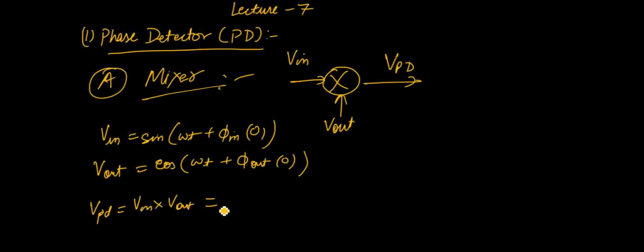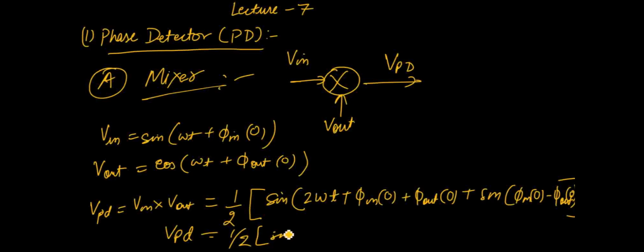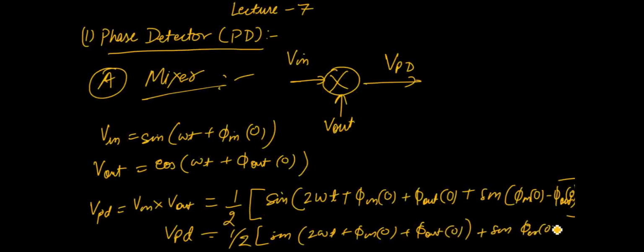After multiplication of V in and V out, the VPD will be sine of 2 omega t plus phi in 0 plus phi out 0, plus sine of phi in 0 minus phi out 0. So VPD is equal to 1 by 2 times sine of 2 omega t plus phi in 0 plus phi out 0, plus sine phi error 0.